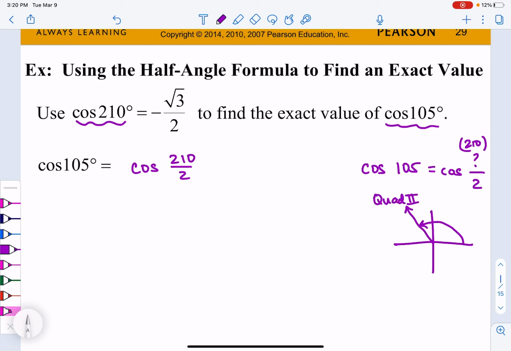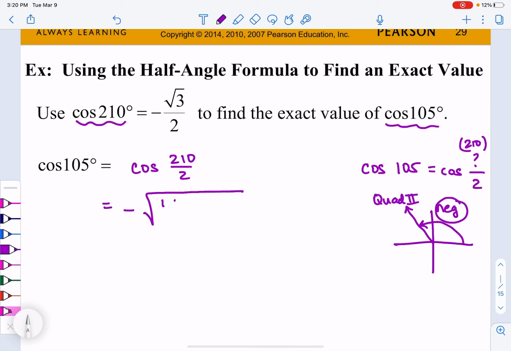And if we're in quadrant 2 and we're dealing with a cosine value, that means we're going to need the negative version, because cosine is our x value, and x is going to be a negative value in quadrant 2. So as we set this up, we're going to need the negative portion of that square root.